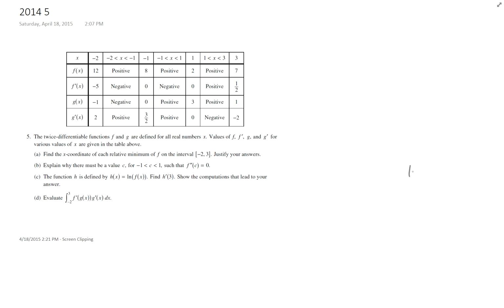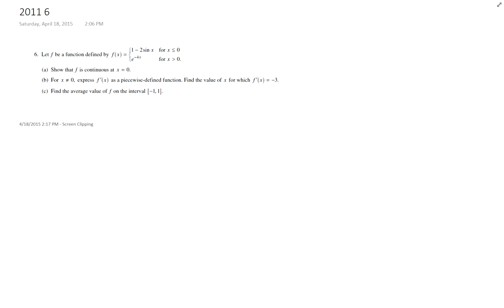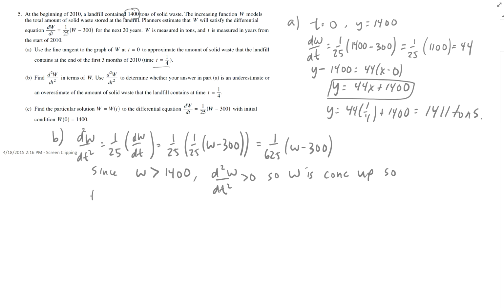So the tangent line is always below the function. And I can say always because this is always the case.